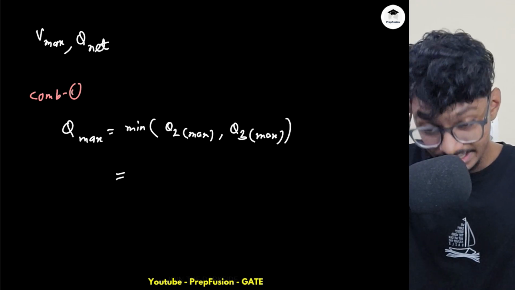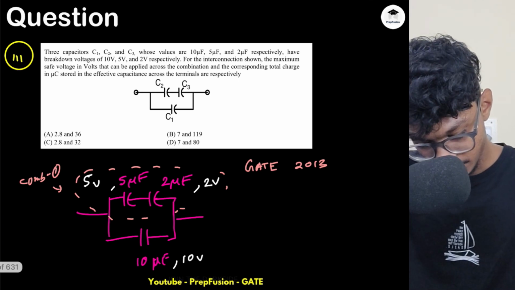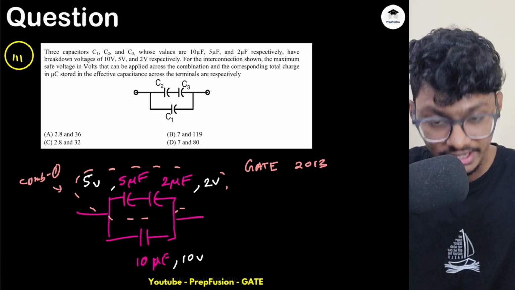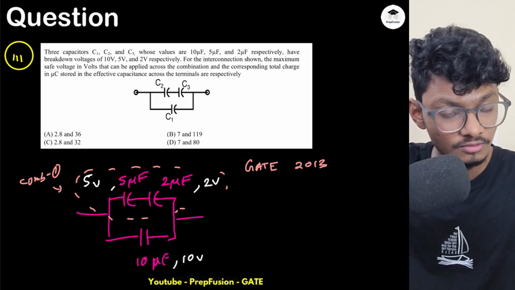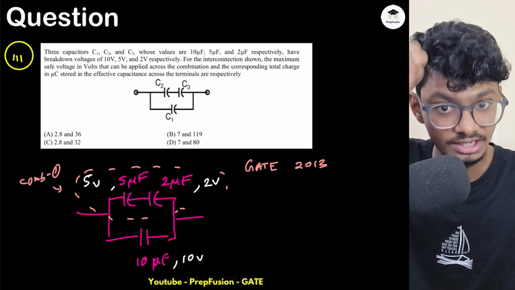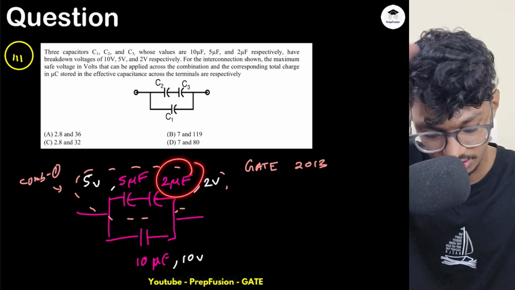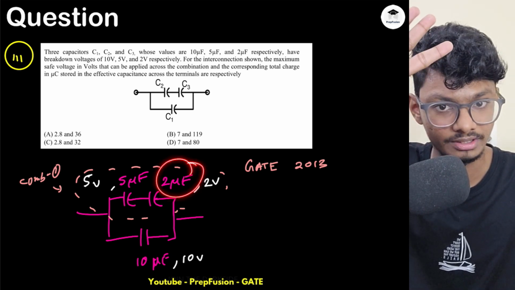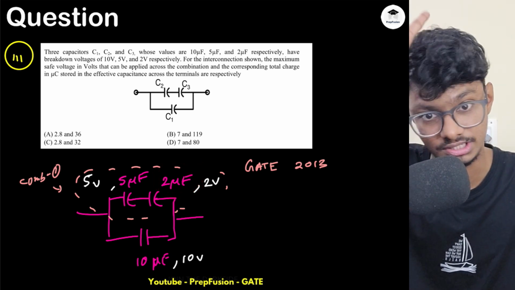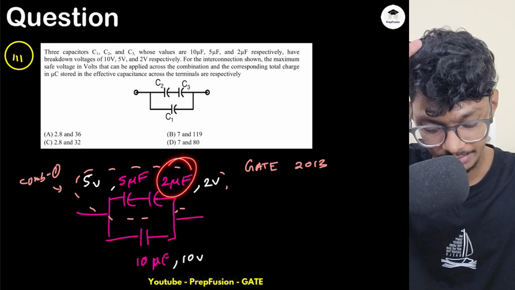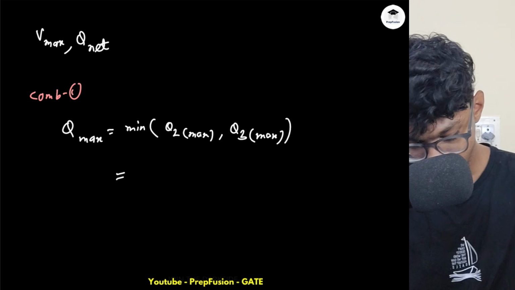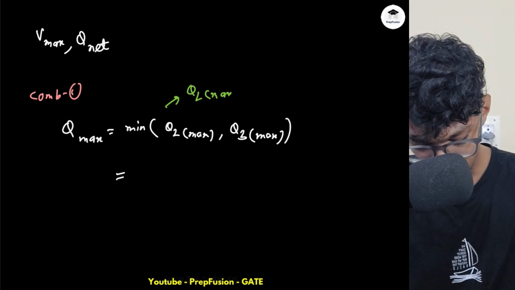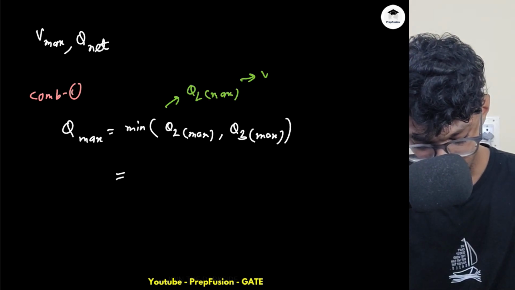So in combination 1, how do I find Q2 max? You can find it using Q equals CV, because for maximum charge I need maximum potential, the rated potential. Capacitance is an independent parameter of potential and charge, which you learned in the first lecture. So I have to get V2 max, which is given.